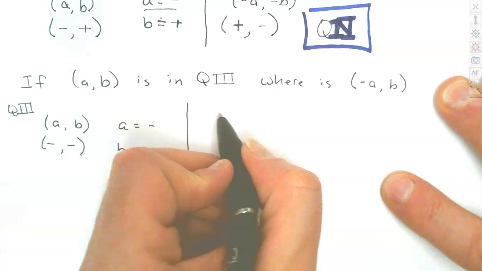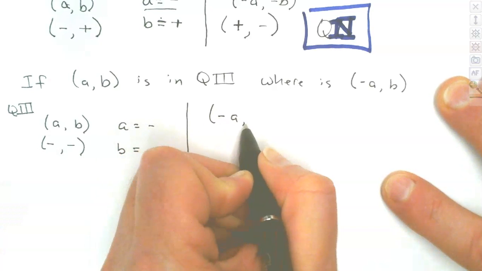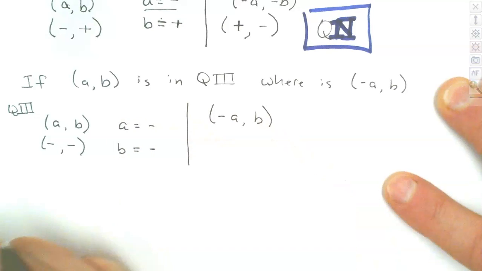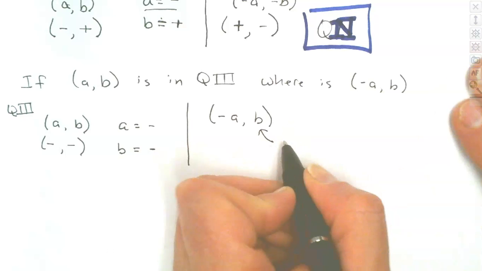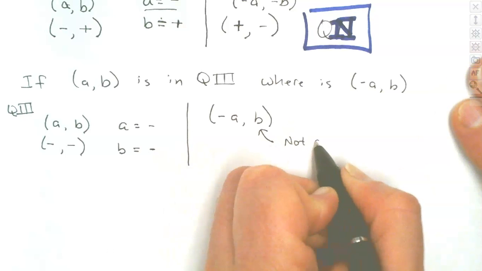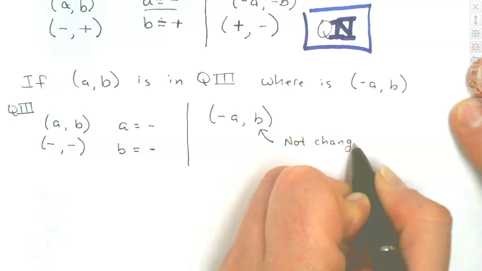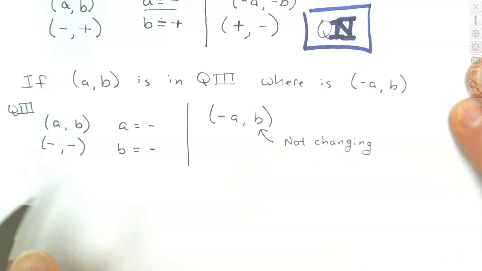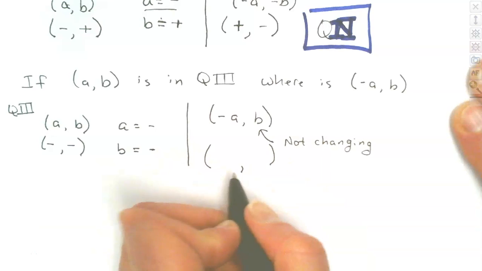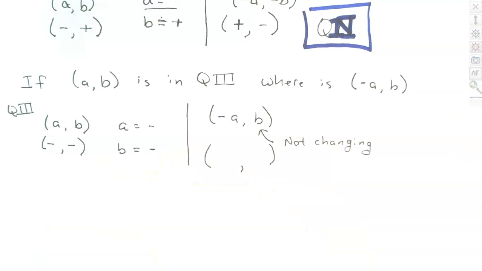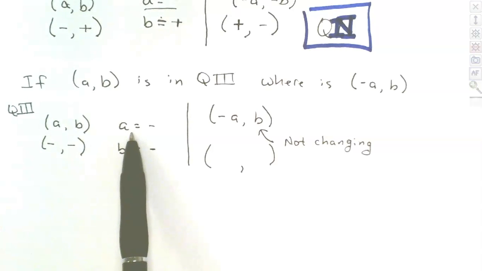What we're trying to find is negative A, comma B. Now, B is not changing. So B is going to stay the same. But that negative A, we switch our sign. So what do we have now? A right now is currently negative.